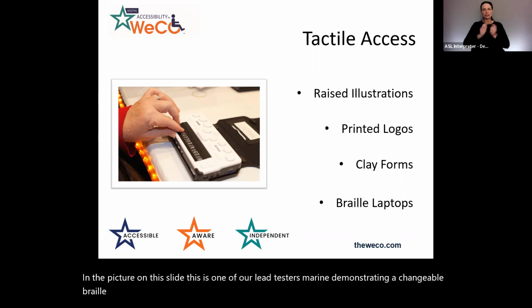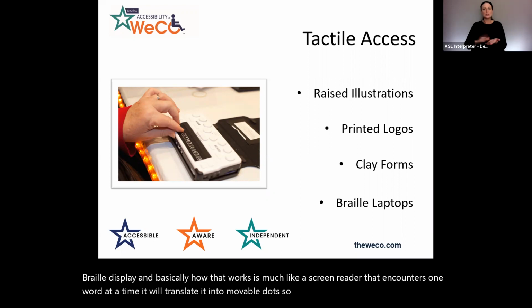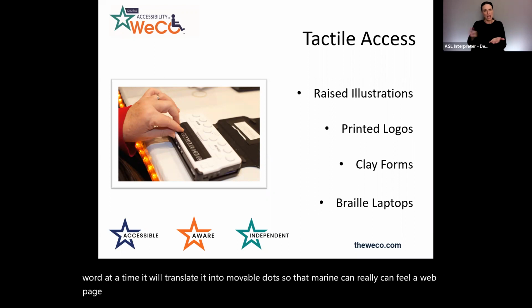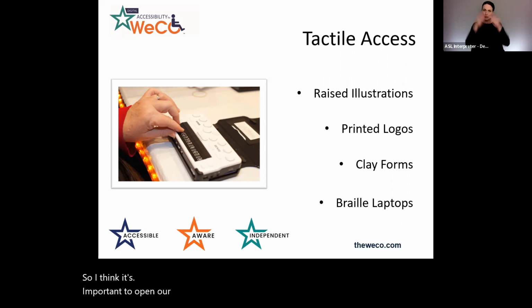Basically how that works is much like a screen reader that encounters one word at a time. It will translate it into movable dots so that Maureen can feel a web page. And in visual design, she could encounter an alternative text tag that way. So I think it's important to open our minds to realize that the tactile part is part of the accessibility as well.